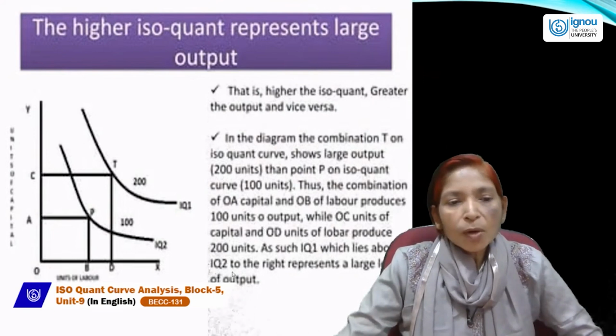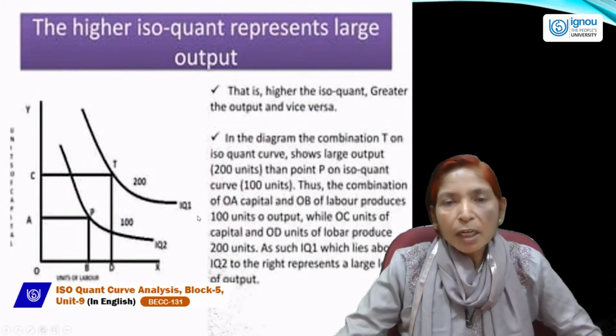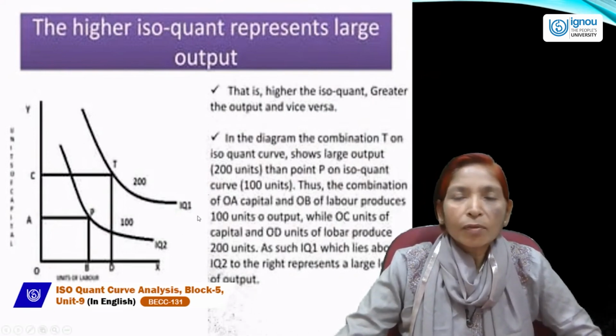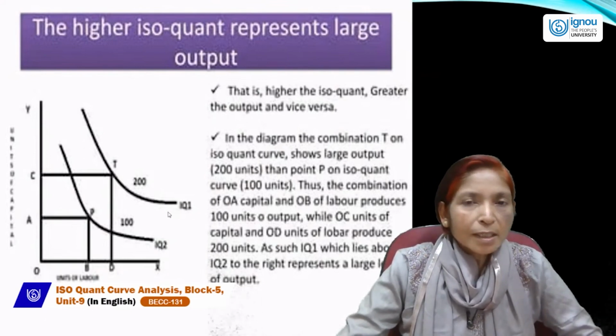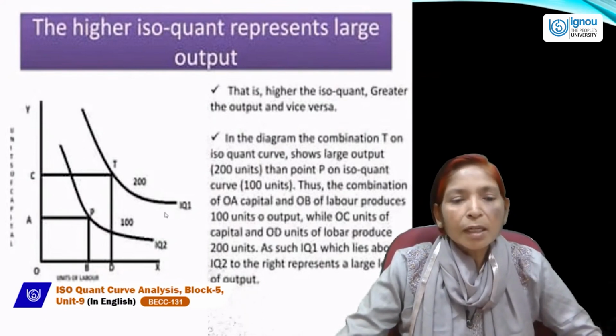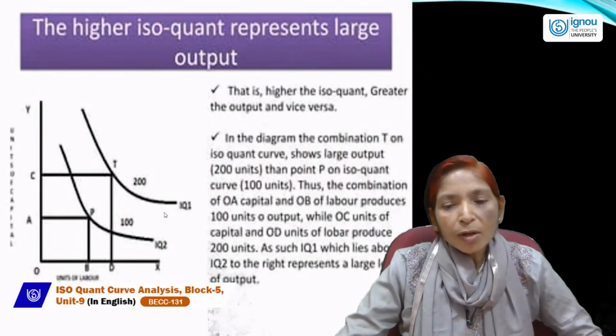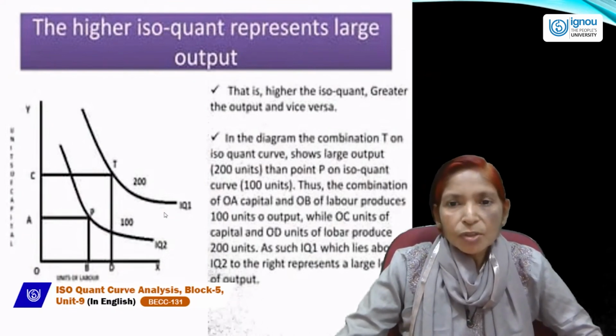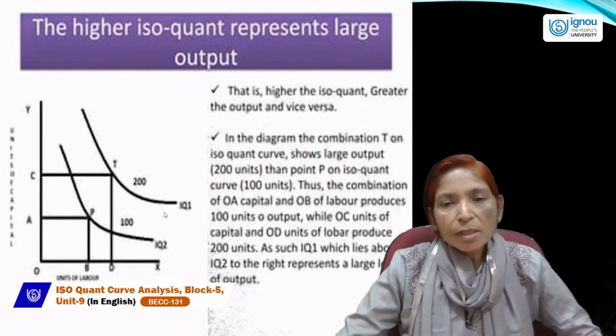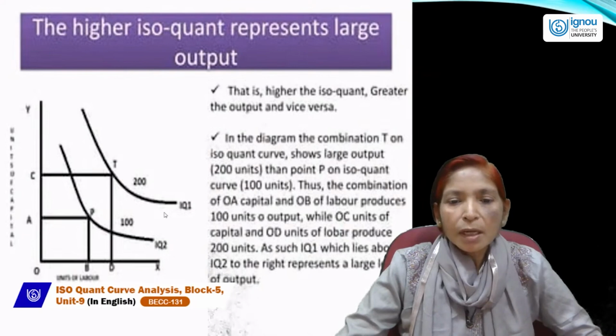As the isoquant curve moves rightward, it will show a higher level of output. And if it shifts to the left-hand side or leftward, then it will show a low level of output. So a higher isoquant curve shows a greater level of output and a lower isoquant curve shows a lower level of output.